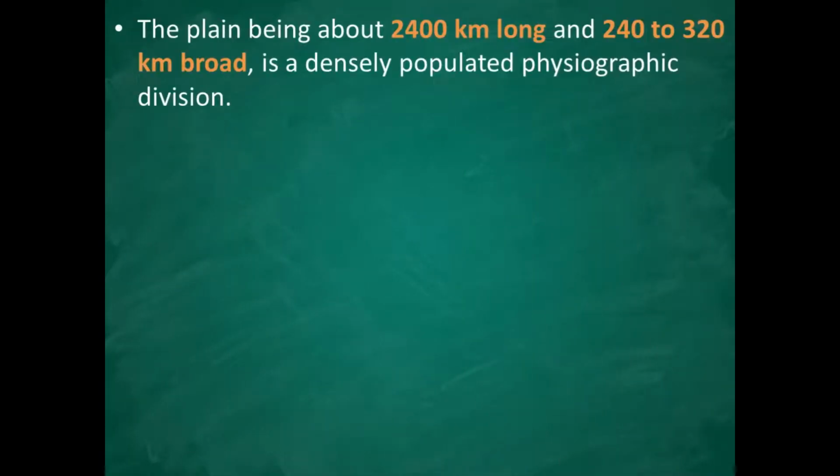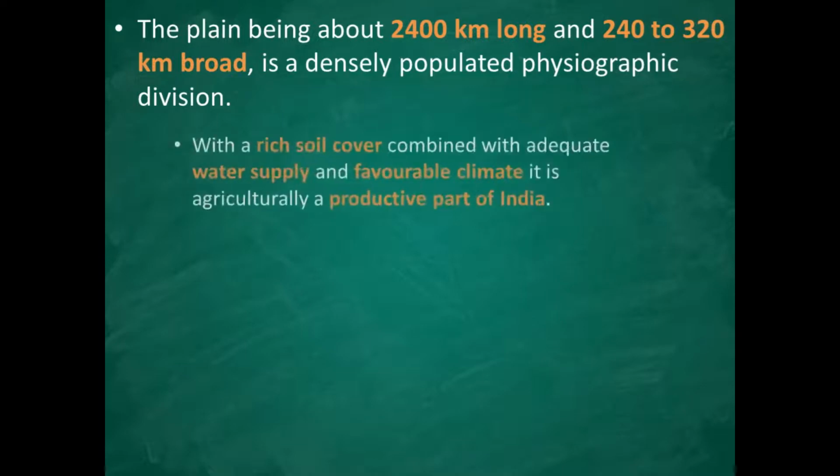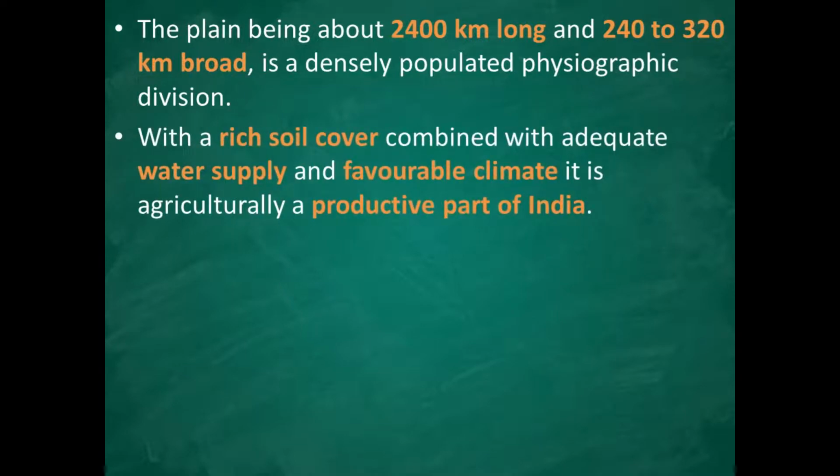The plain, being about 2400 km long and 240 to 320 km broad, is a densely populated physiographic division. With a rich soil cover combined with adequate water supply and favorable climate, it is agriculturally a productive part of India.